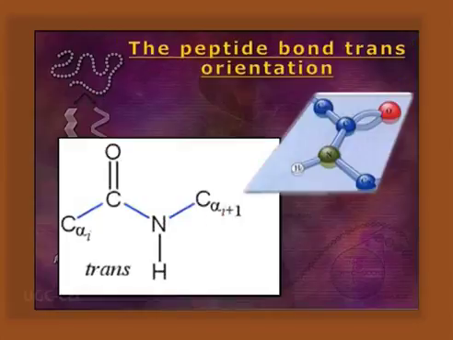And in case of peptide bond, we know the C double bond O and NH groups are there. They must be in the trans orientation. And there must be the presence of different types of non-covalent interactions. Based upon all those postulates, the peptide structure was characterized.